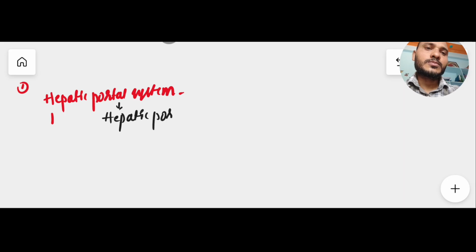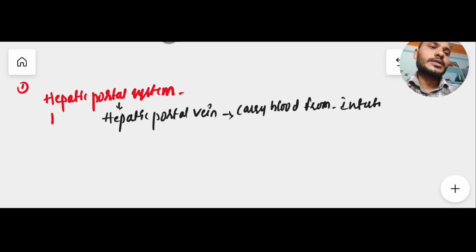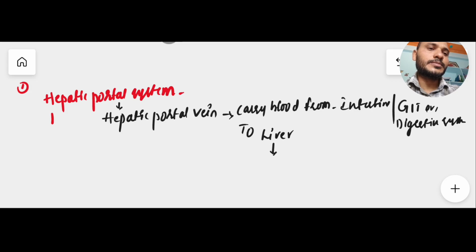This hepatic portal vein carries blood from the intestine, or simply the GI tract or digestive system, to the liver, and from the liver there is one vein called the hepatic vein that transfers this blood to the heart.